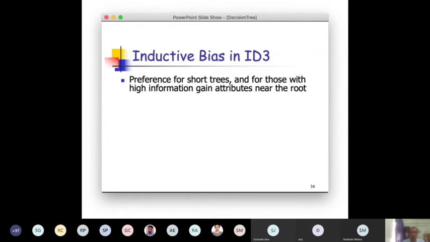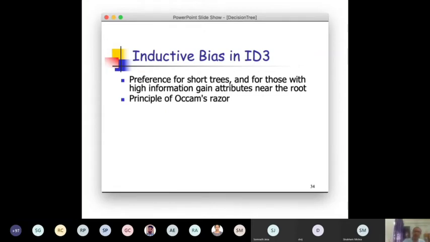So you try to make your split as homogeneous as possible at every stage, and in this way you are trying to restrict the growth of the tree. So it's the principle of Occam's razor that you have applied.